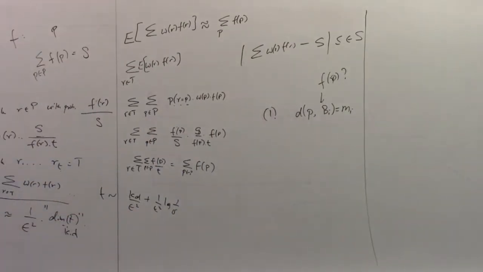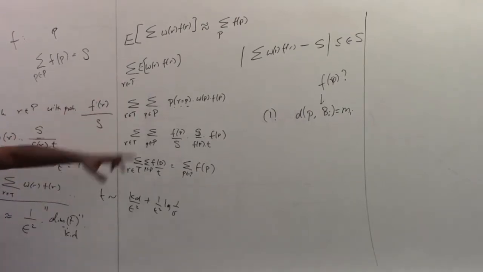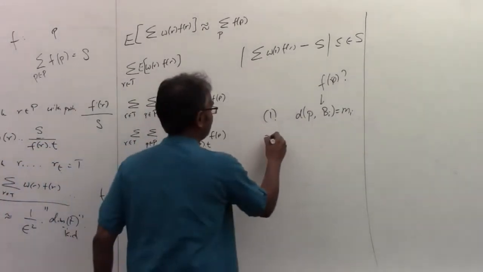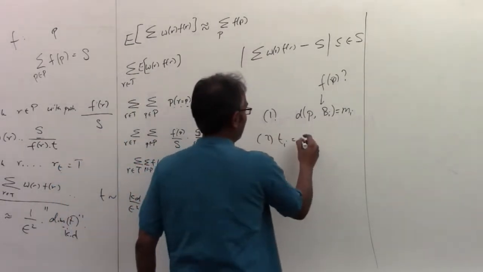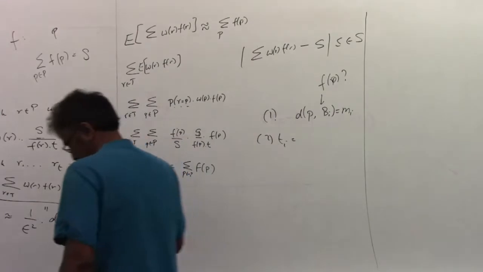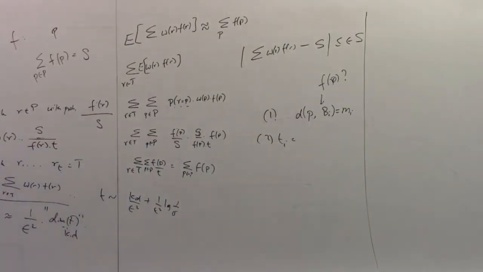Step two is the t I'm going to pick, and again, it depends on the function value.